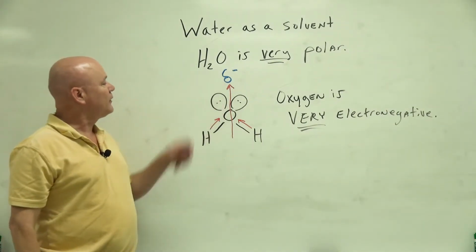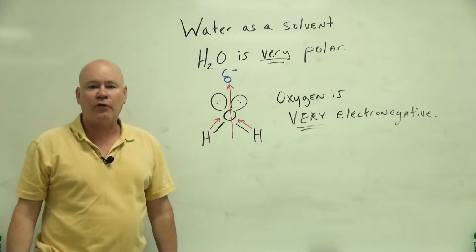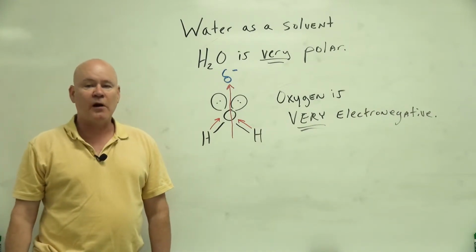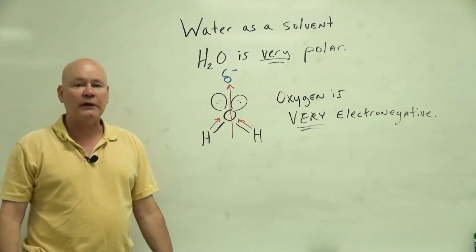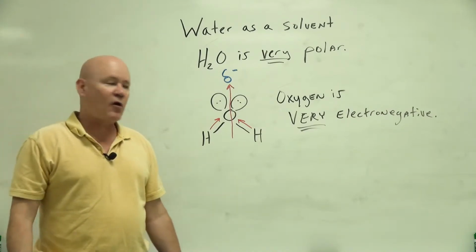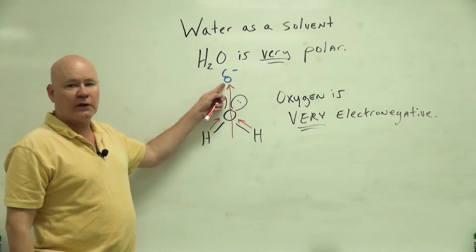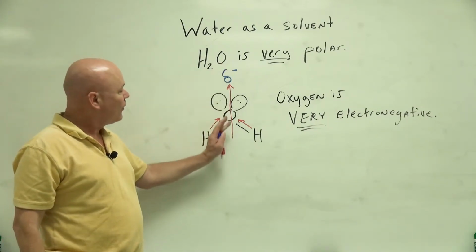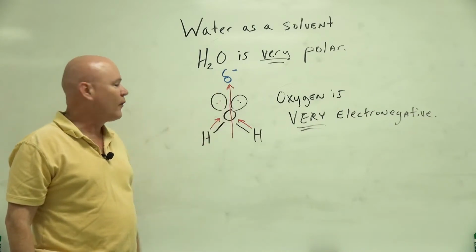Now, this is not a complete charge. This is not like Na+, sodium plus, which has a complete plus charge, or O2-, which has a complete 2 negative charge. This is a partial negative charge because it's not really moving the electron completely to one side. It's just spending more time over on the oxygen.